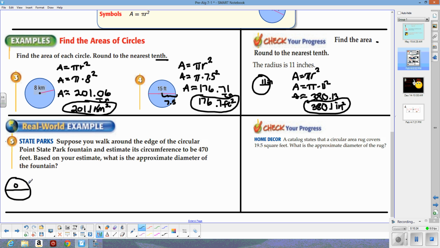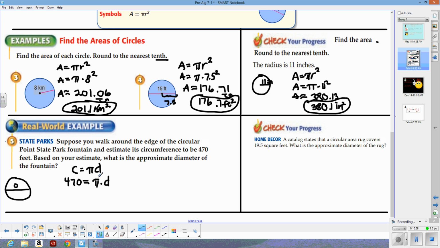Well, if they tell you that the circumference is 470, when we use the formula for circumference, remember that circumference equals pi times diameter, or pi d. We know what the circumference is. We know it's 470. So in place of C, I'm going to put 470 equals pi times diameter. Diameter is what we do not know.